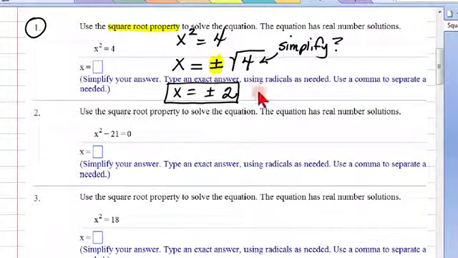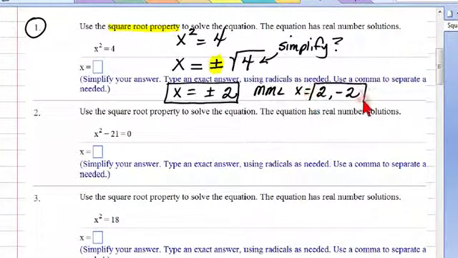So what you would have in my math lab is x equals 2, negative 2. You don't get to put the combined version in my math lab because it doesn't have that symbol. But you are welcome to do that for me. Is that okay? All right.